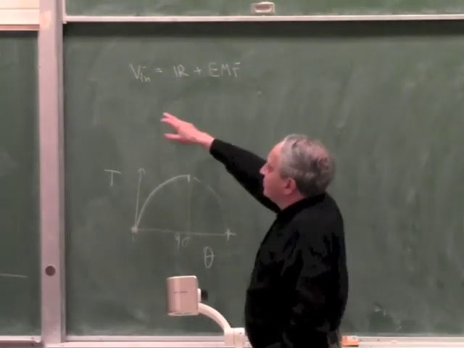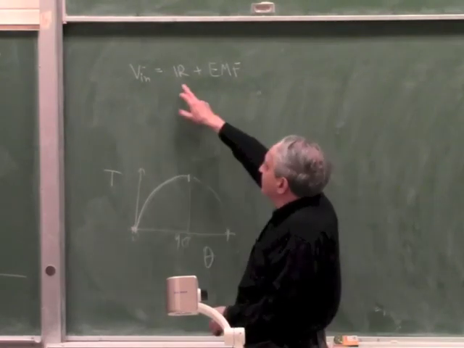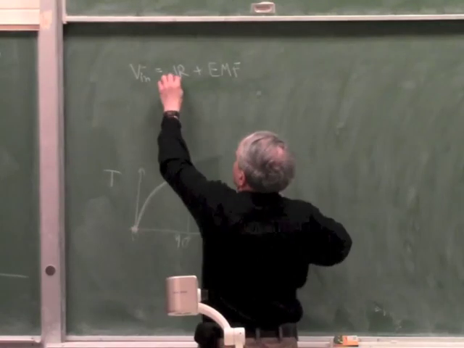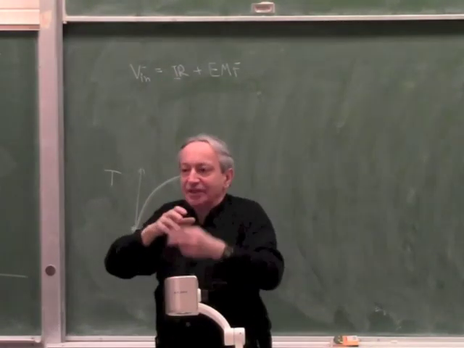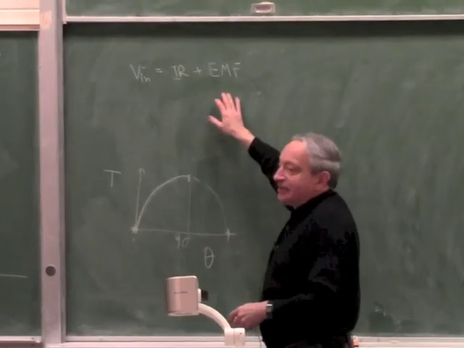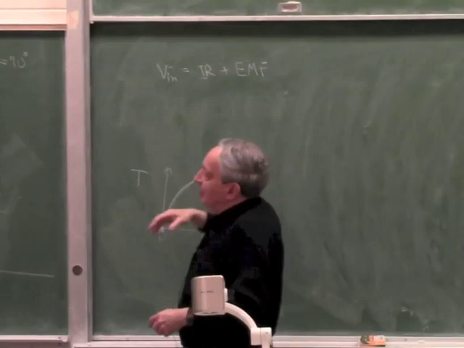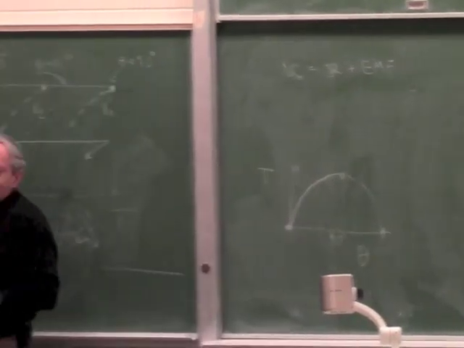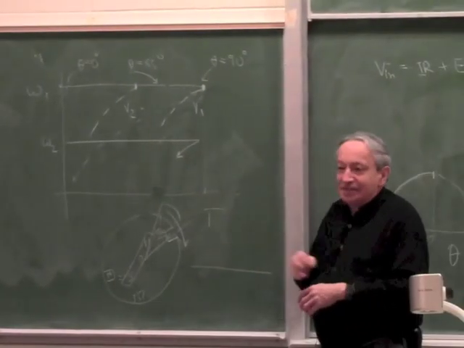This equation is true for any motor, not just for a DC motor, because in any motor there is an internal resistance, there's a voltage drop IR, and in any motor where you have a magnetic field rotating in a coil, there is an EMF generated. So we talked a lot about the back EMF in DC motors, but there is also a back EMF in AC motors.